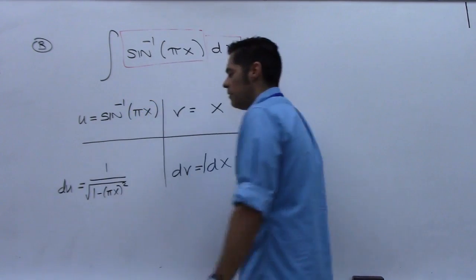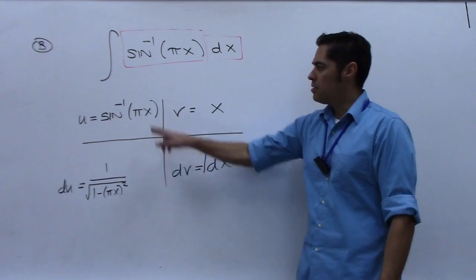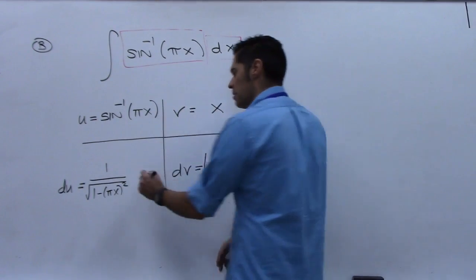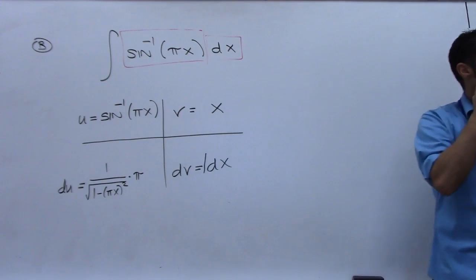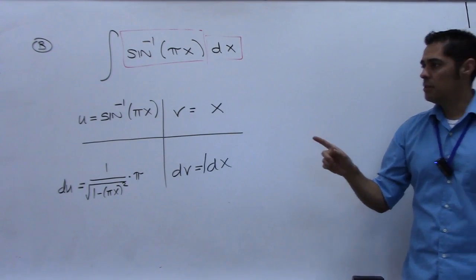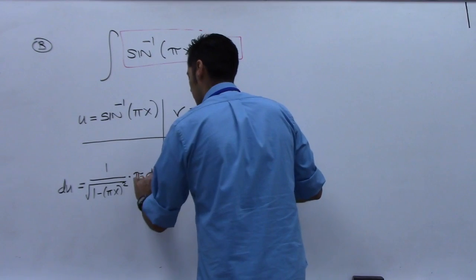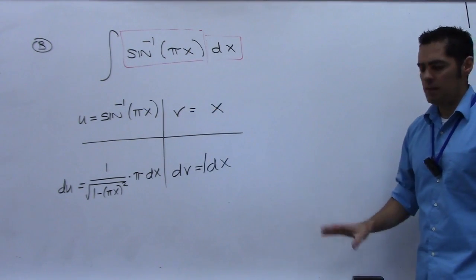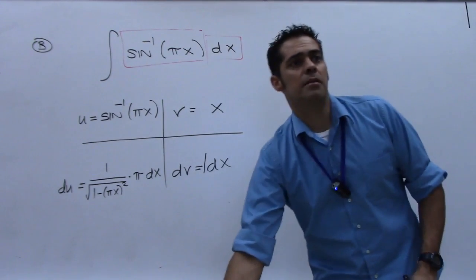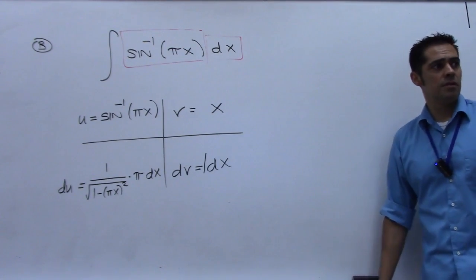Am I done with the derivative? No. Yeah, it's just pi. Times the derivative of what's inside, so chain rule, so times pi. And what do I need to slap on the very end of that? Nope, that's integration. dx. I know that's kind of hard to read. I wrote that kind of small, but you'll have that? Any questions?